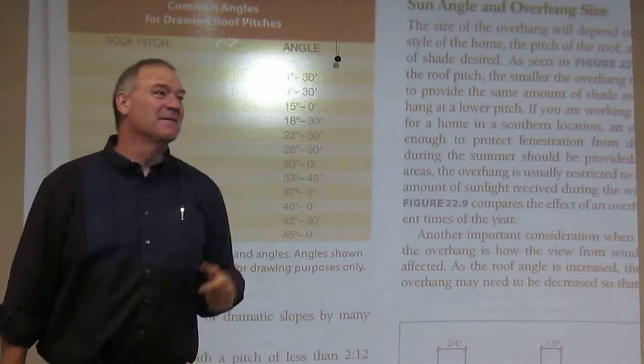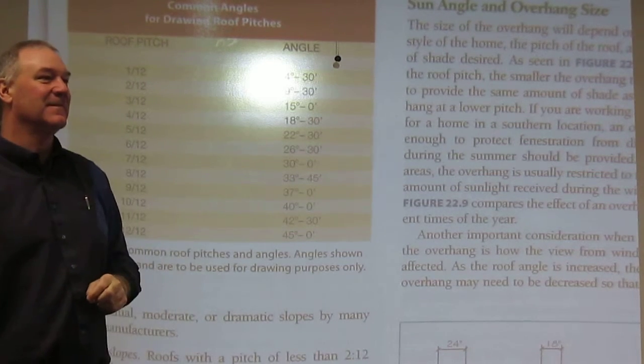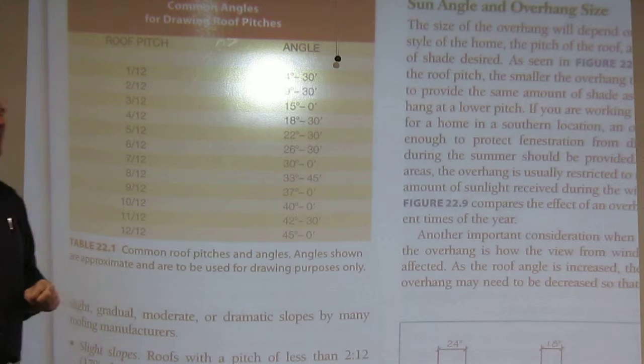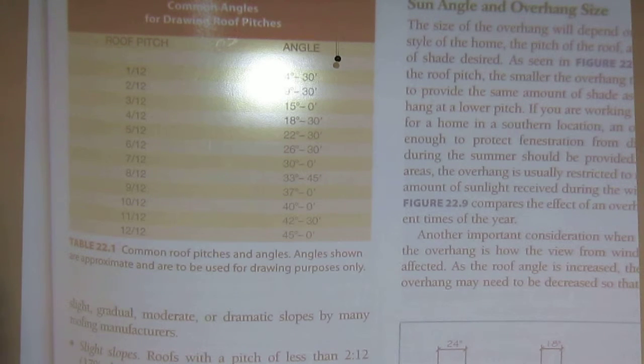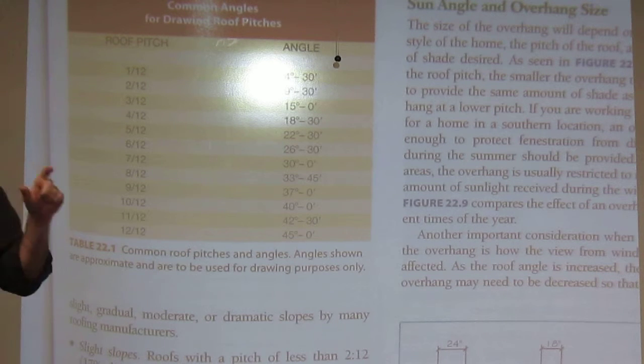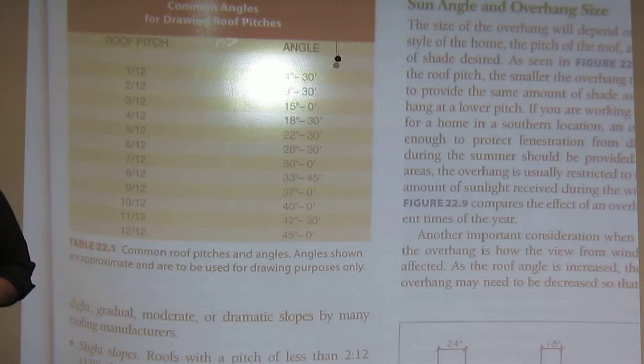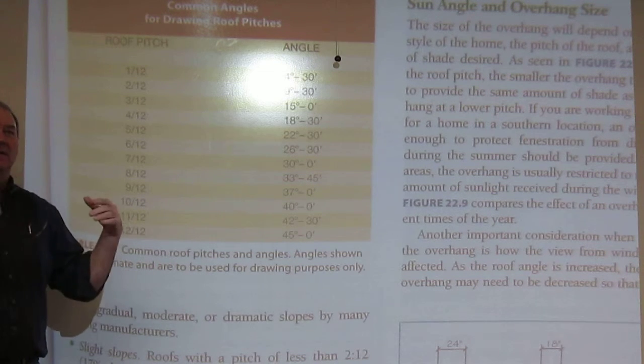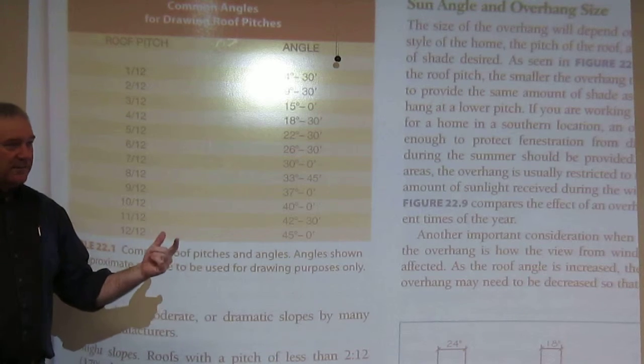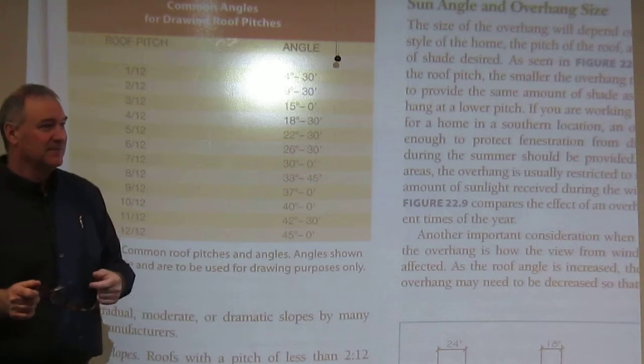How come a 6/12 is a 22 and a half? Because it just isn't. It's half of a 45. Because, remember, it's proportional to the sides. Okay? And so when you take one side, you would think, okay, well, a 12/12 is a 45-degree angle.